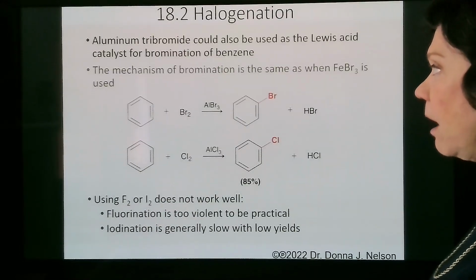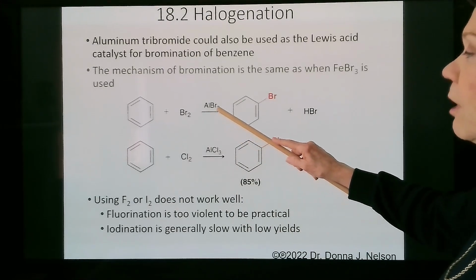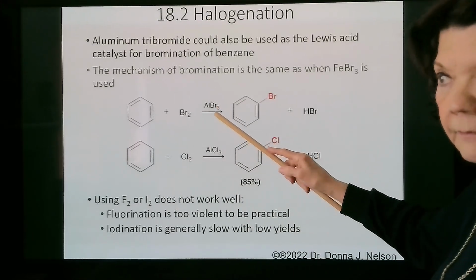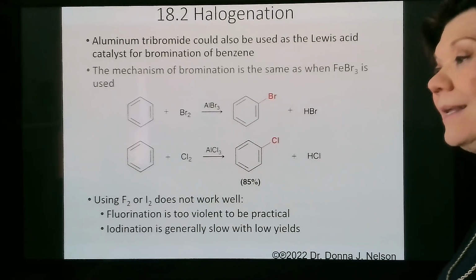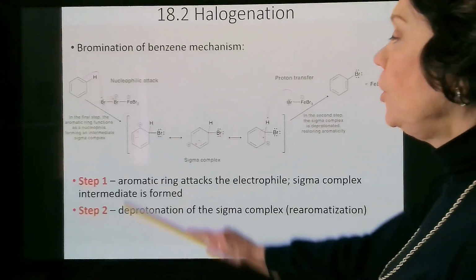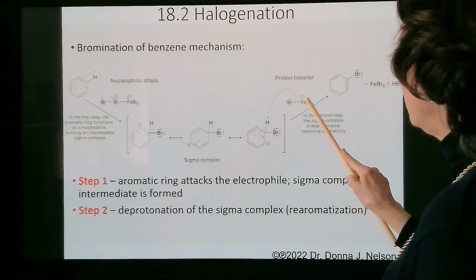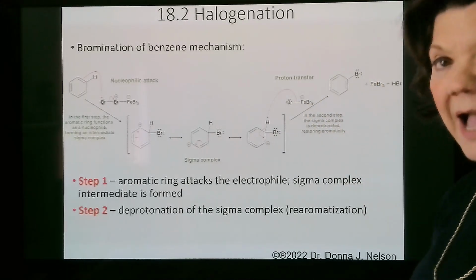Aluminum tribromide could be used instead of the iron tribromide. The mechanism would be exactly the same, except you would have aluminum and aluminum and aluminum. And otherwise, it would be exactly the same.